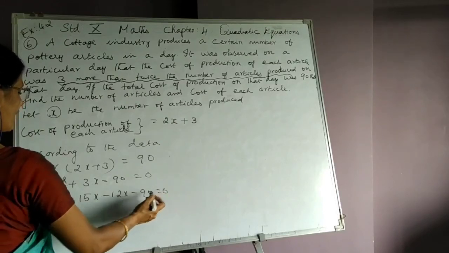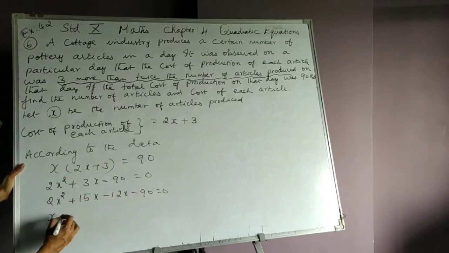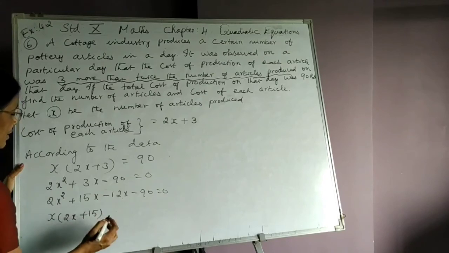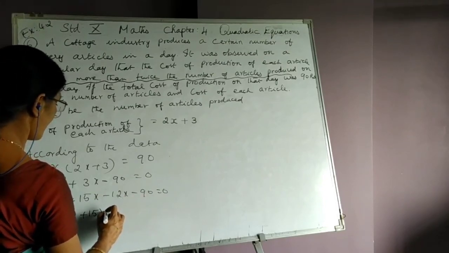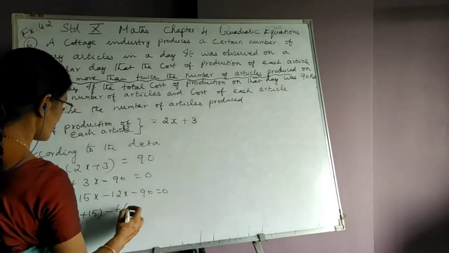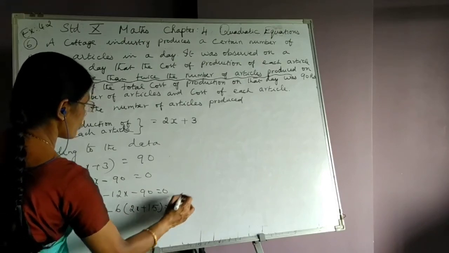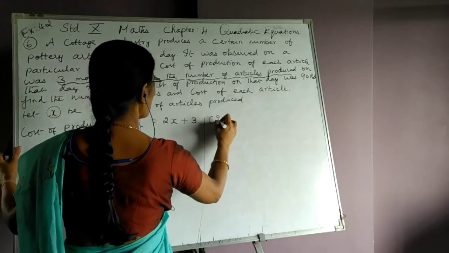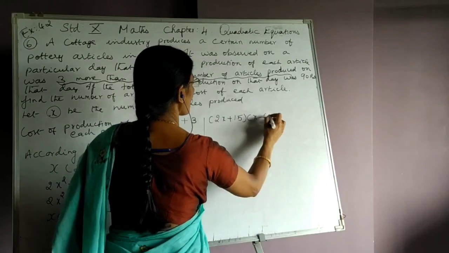What is the common term here? x is the common term, therefore we get 2x plus 15. Here the common term is minus 6, therefore minus 6 into 2x plus 15 equal to 0. So the factors are 2x plus 15 into x minus 6 equal to 0.